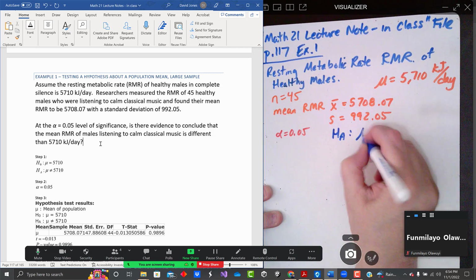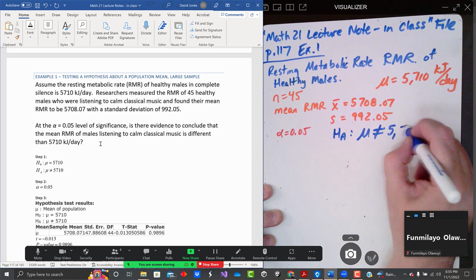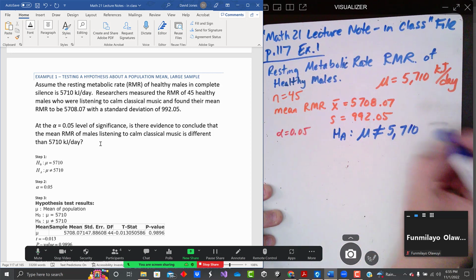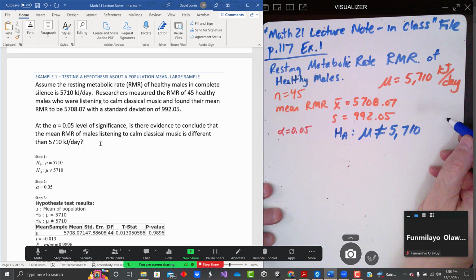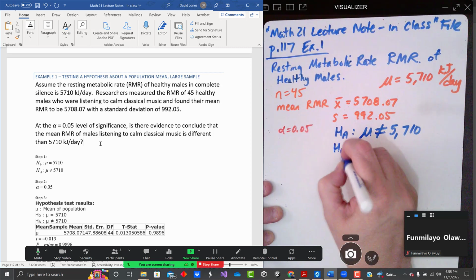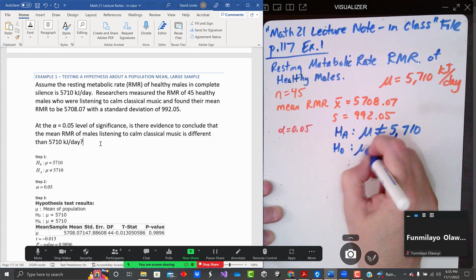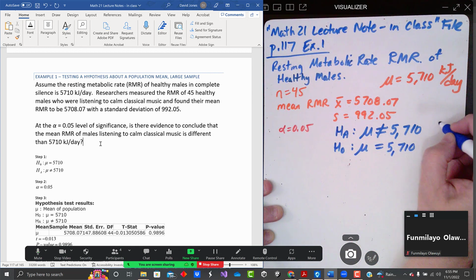HA, the mean is different or not equal to 5,710 kilojoules. So H naught is the statement of equality one. That's got to be equal to 5,710.